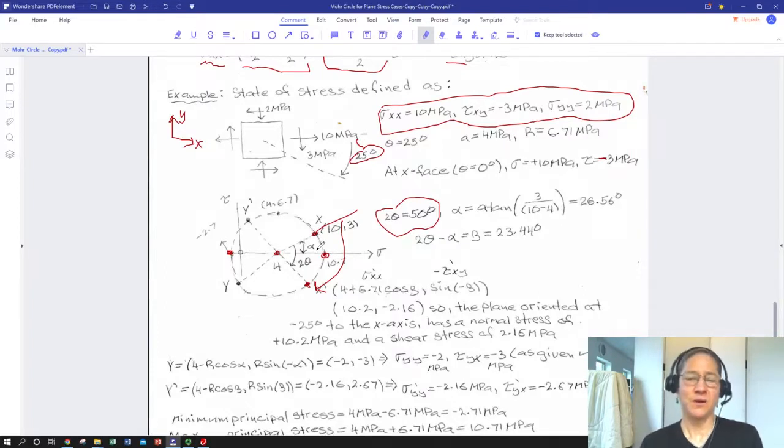We've gone 3 up and 10 over from the center. So basically the coordinates of that point minus our 4, so we've got 3, and then we have 10 minus 4.